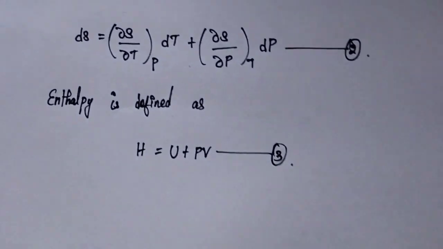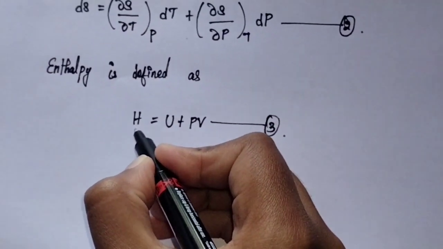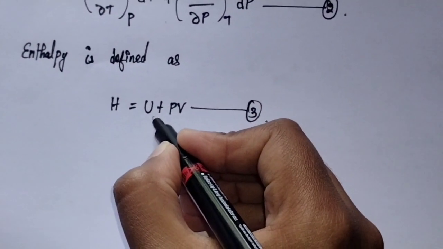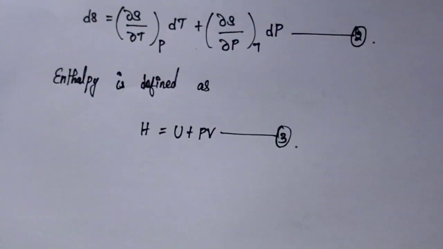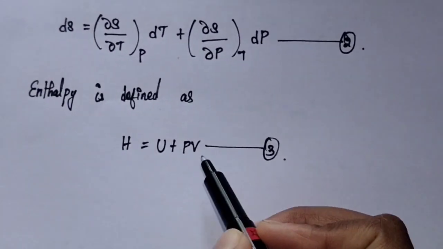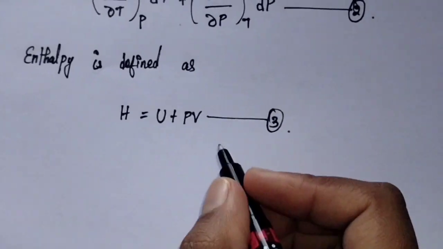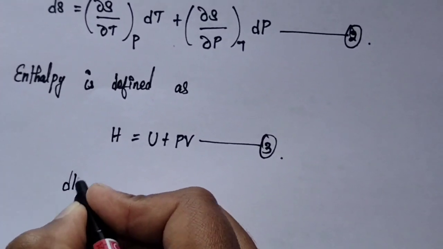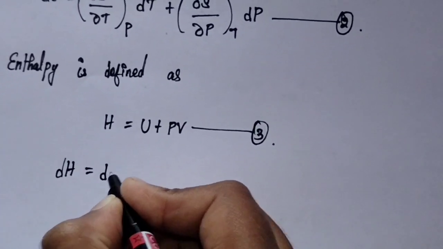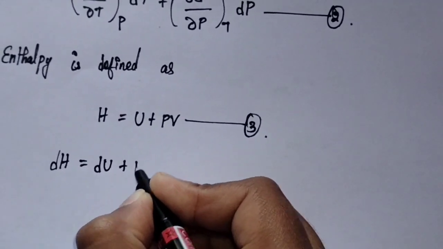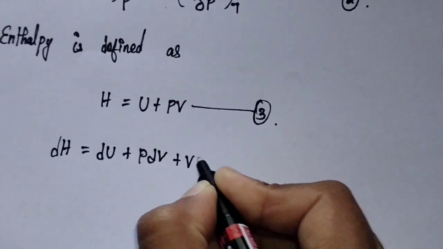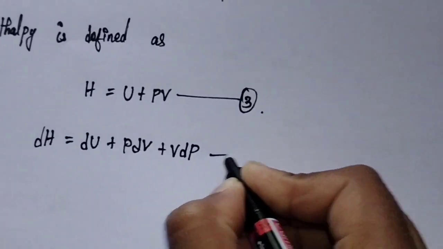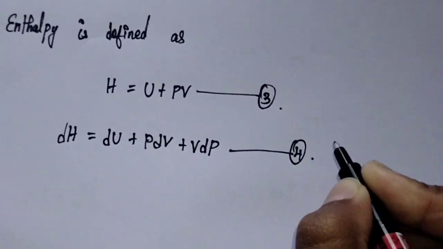In this equation, H is the enthalpy of the system, U is the internal energy of the system, P is pressure, and V is volume. While differentiating equation 3, we get dH is equal to dU plus P dV plus V dP. Take this as equation number 4.